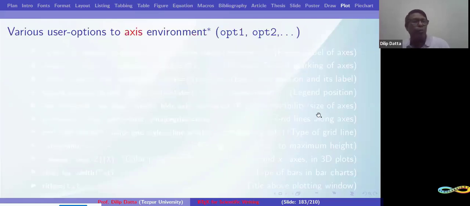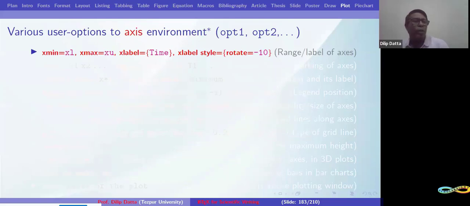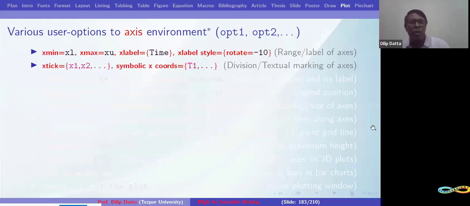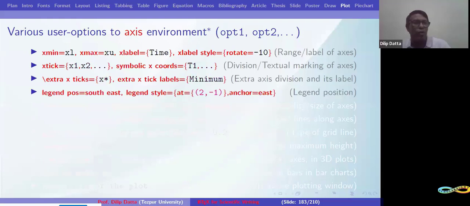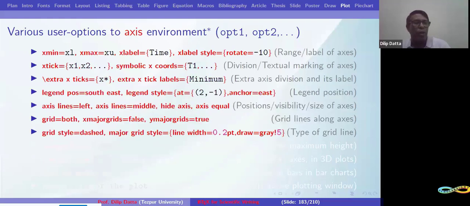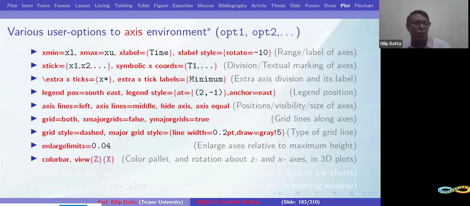We'll see this. Now we can have various user options to the axis environment, which could be, say, xmin equal to this, xmax equal to this, xlabel, then xlabel style. Different options can be used. I cannot explain all this, it will take several sessions. Just let me show that different options can be used in the axis environment.